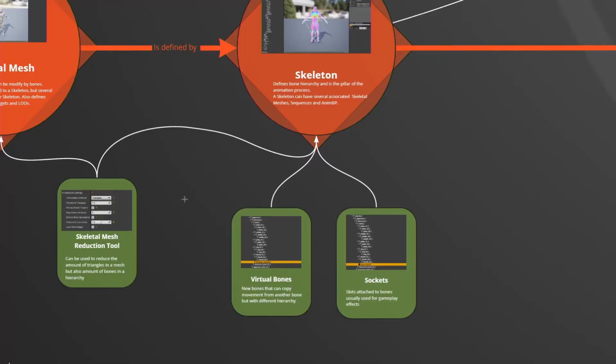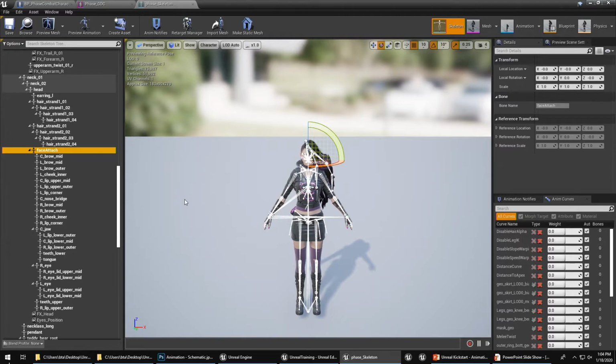And you can also add sockets to some bones. A socket is an element that is parented to another bone, and it will follow its transform all along the animation. That is useful, for example, to attach certain things that we want to handle from gameplay to a skeleton.